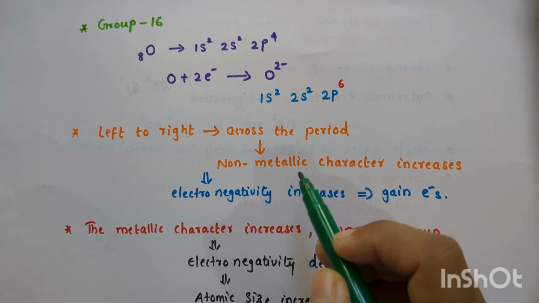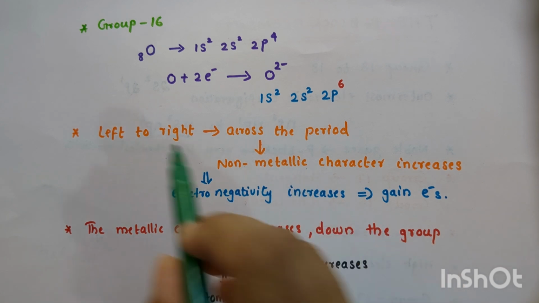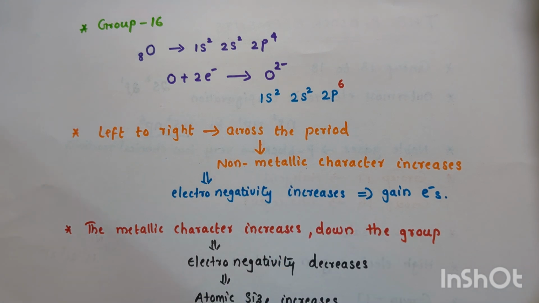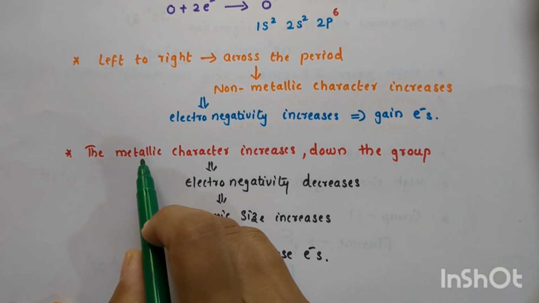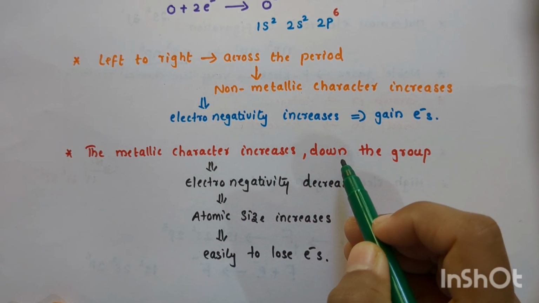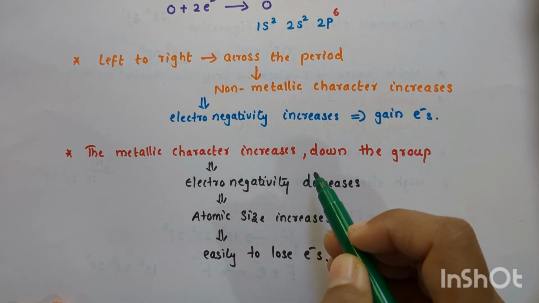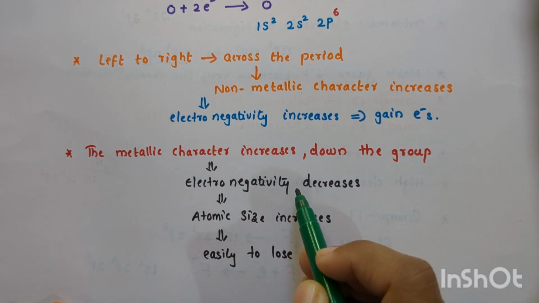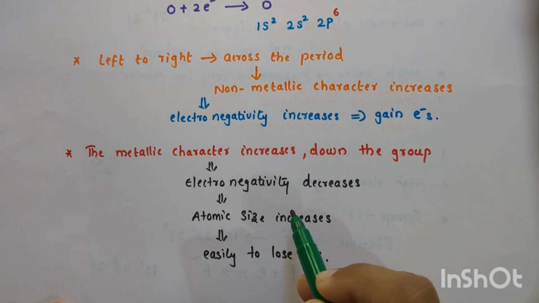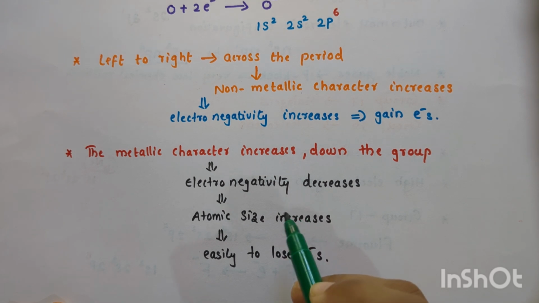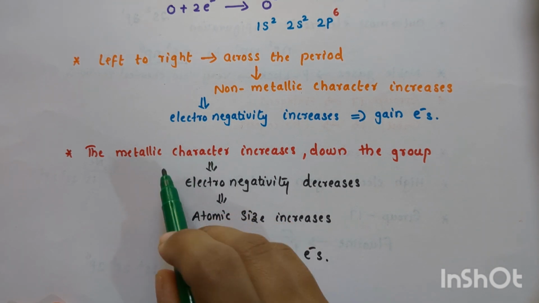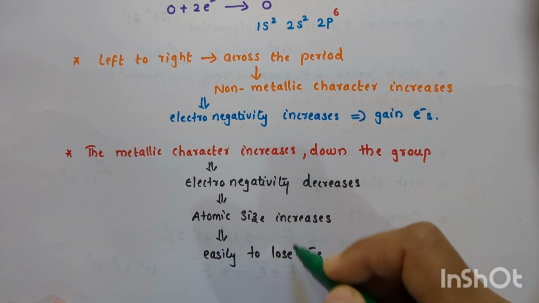And the metallic character increases as we go down the group, because as we go down the group the electronegativity decreases and atomic size increases, so atoms become larger. That makes it easier for them to lose electrons and exhibit metallic character. So the metallic behavior increases as we go down the group.